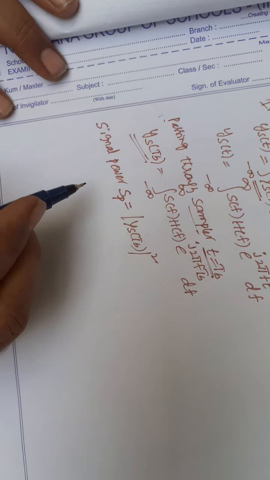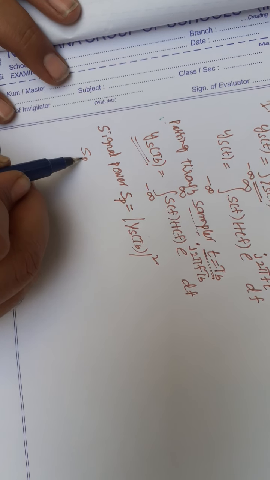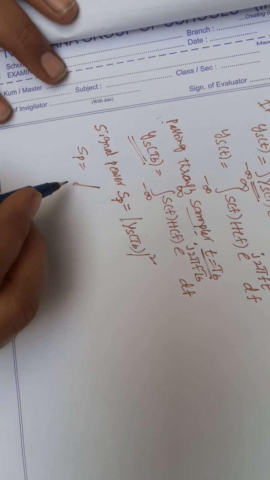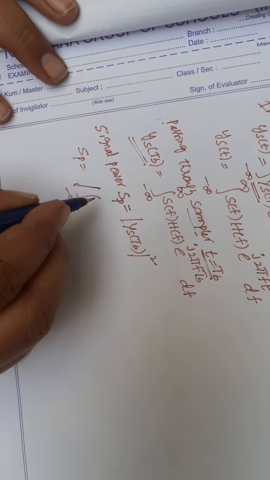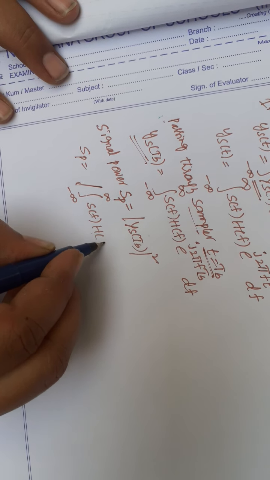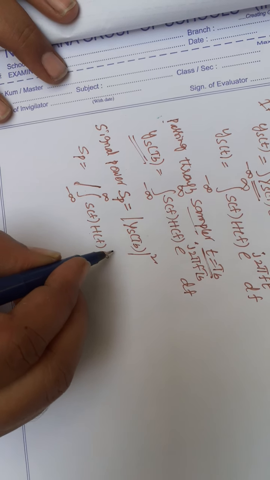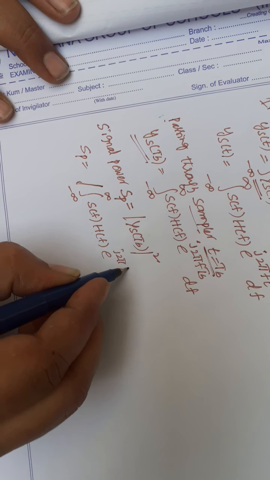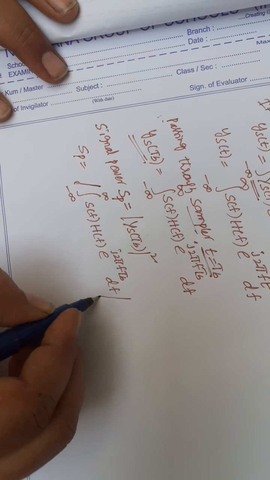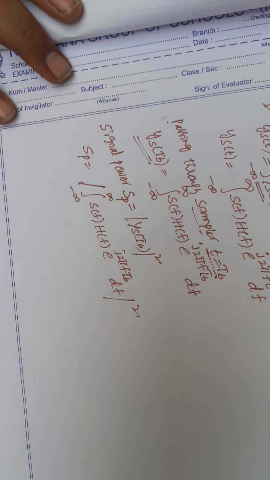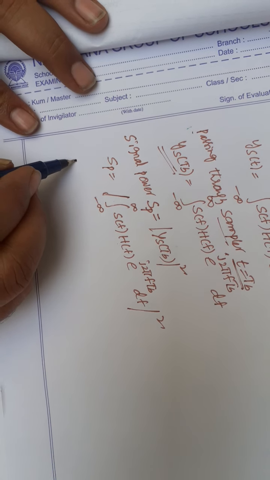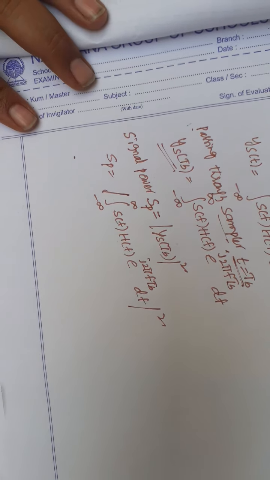By finding the signal power, SP is equal to ys(Tb) whole square, which means the modulus of the integral from minus infinity to infinity of S(f) H(f) e^(j2πfTb) df, modulus square. This is my signal power.